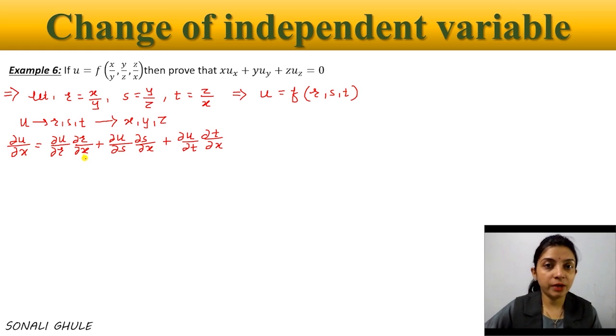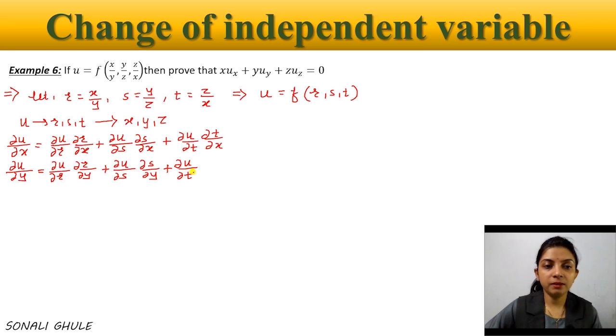Now similarly we have to find the derivative of u with respect to y using a chain rule. So see, ∂u/∂r times ∂r/∂y, plus ∂u/∂s times ∂s/∂y, plus ∂u/∂t times ∂t/∂y. Similarly, the last derivative we can write here, that is u with respect to z.